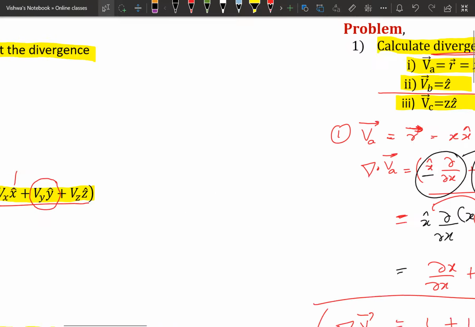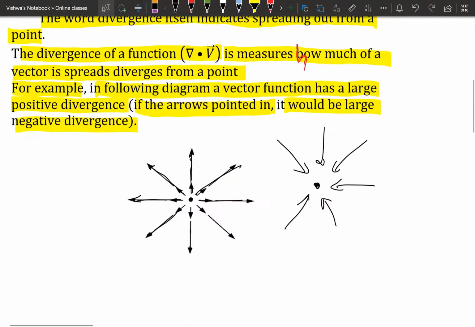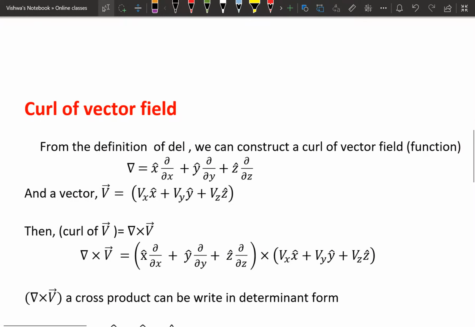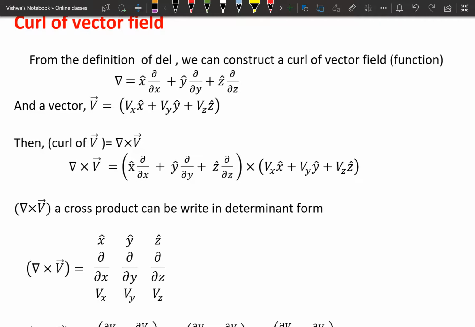And the next one is curl of vector field. From the definition of del, we can construct a curl of a vector function or vector field.